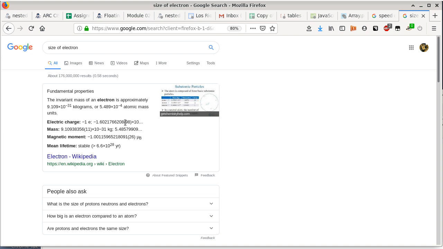Well, it does have a mass. So let's say we're trying to enter the mass of a single electron. Does anyone want to do a 0 point and then put in 30 zeros and then 9109? Can your calculator let you specify that many zeros after the decimal point?